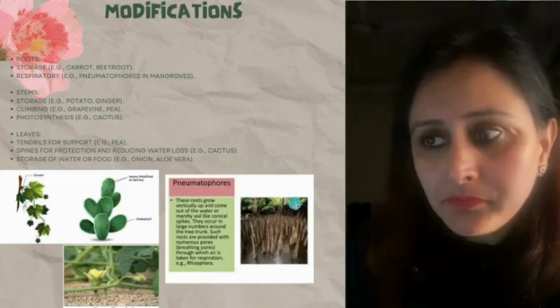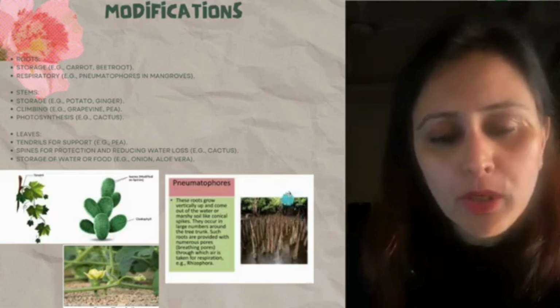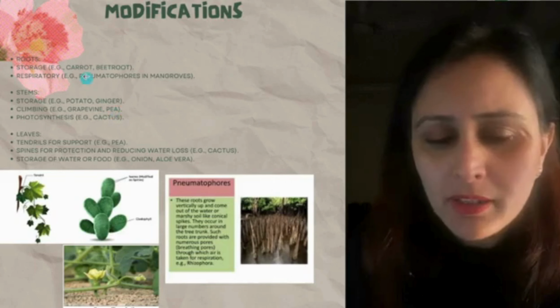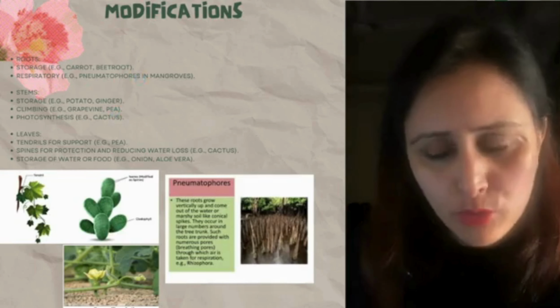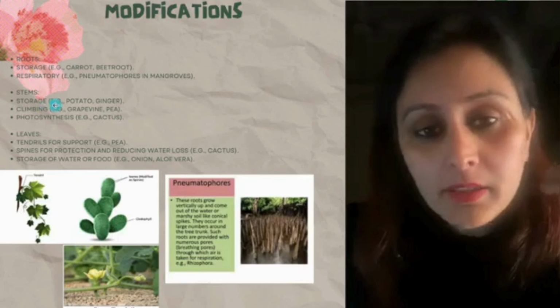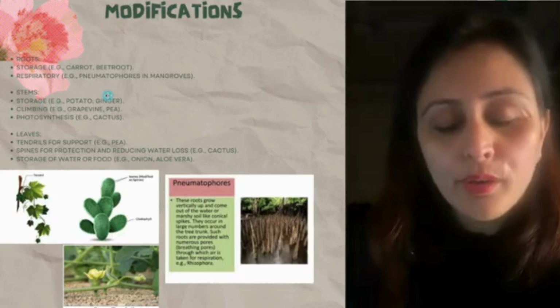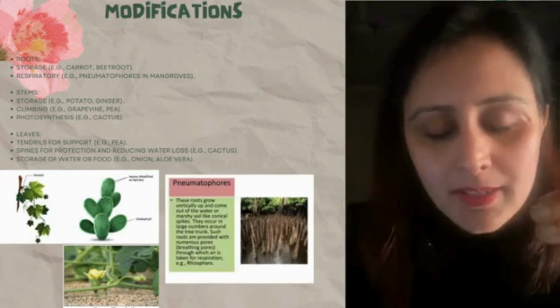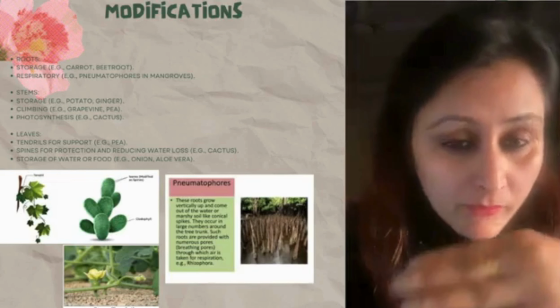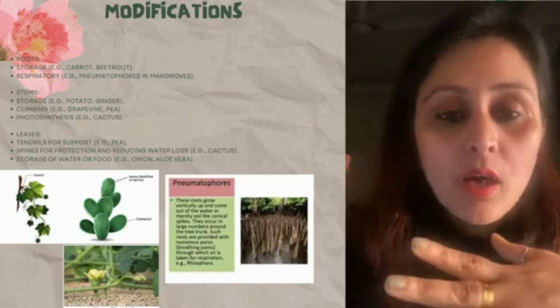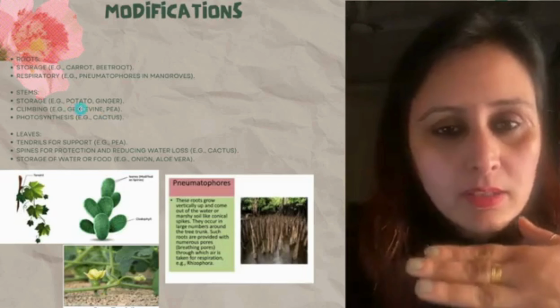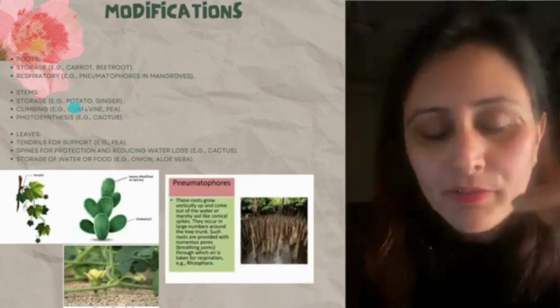Now the stem storage, we have talked about that in potato, ginger, garlic, onion, storage happens. The climbers and the creepers, okay? In those cases where the stem is weak, not that strong, not woody, the stem shows a different characteristic.